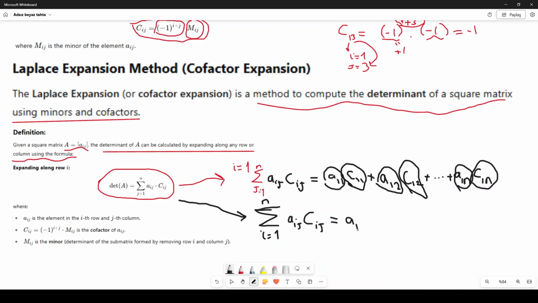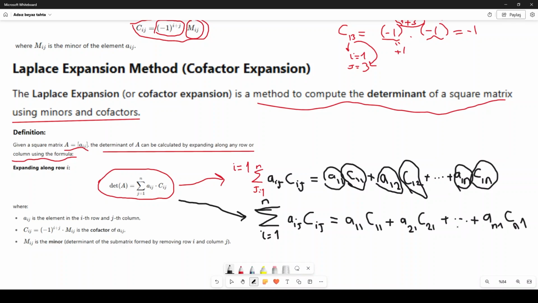So if I take j equal to 1, then I have a11 c11, and then a21 and c21, and all the way up to the last row, the nth row, an1 and cn1.